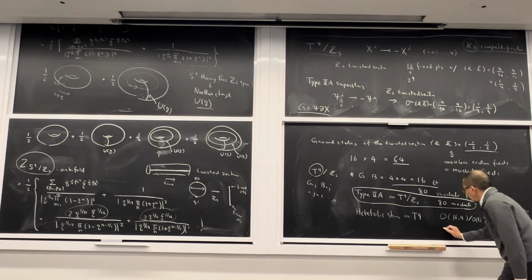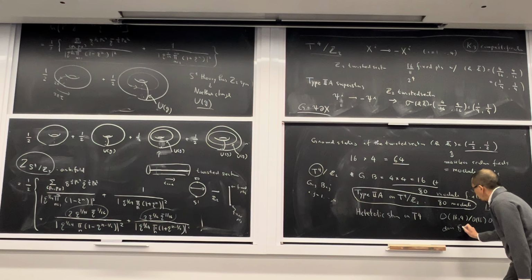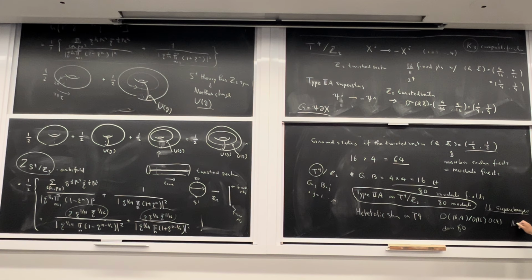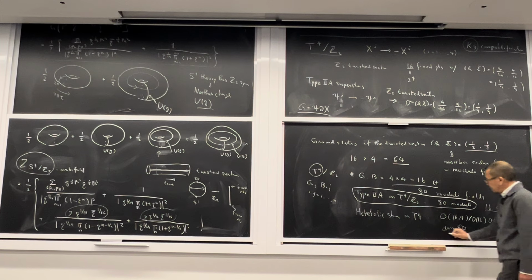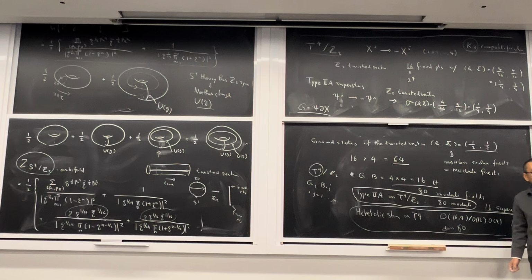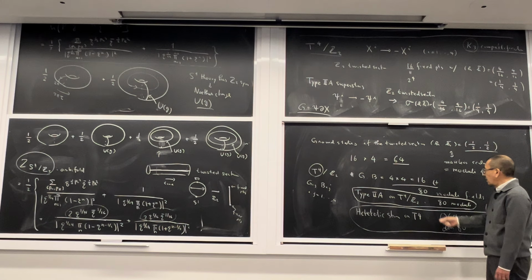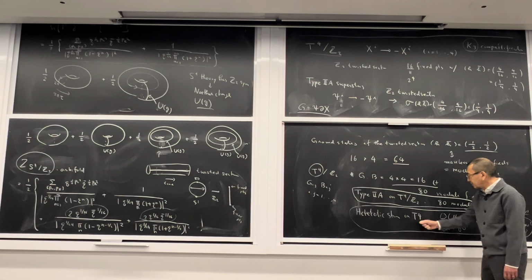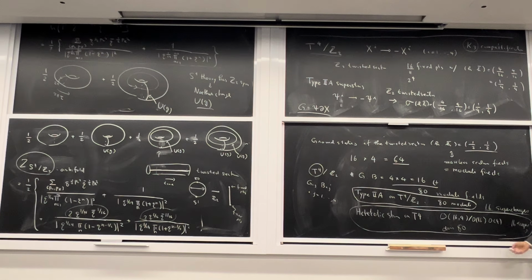And the dimension of this is also 80. And it also has 16 supercharges. It turns out that the low energy effective theory of the type 2 string on this geometry and the heterotic string on this geometry has exactly the same structure.